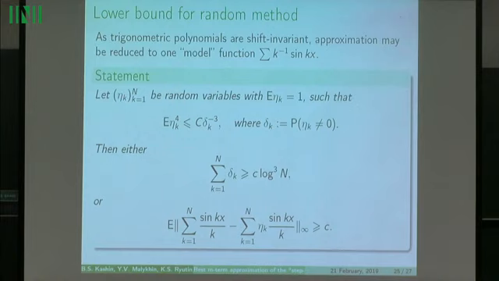Either the sum of these delta k is not less than third power of log, or the average deviation is at least some absolute positive constant c. So this shows that using a rather general method of obtaining these random constructions, one cannot get an optimal result. One cannot close this gap between log to the power 2 and log to the power 3.